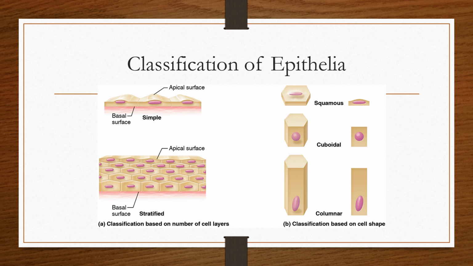The last photo in the figure is the transitional epithelium, which we just talked about. It's in the bladder, shown in a relaxed state versus when the cells flatten and elongate when the bladder fills with urine. Definitely go check out that figure in your book.